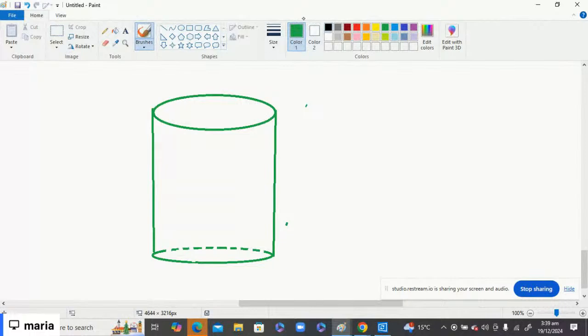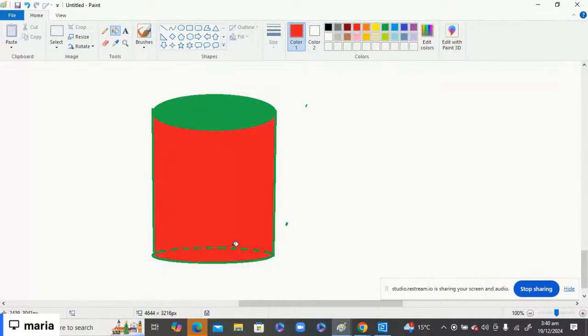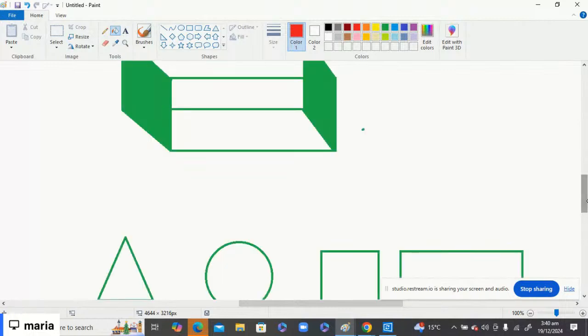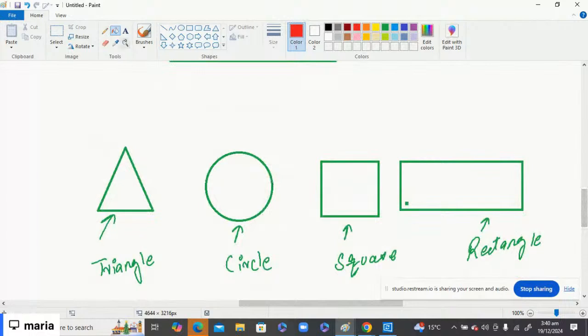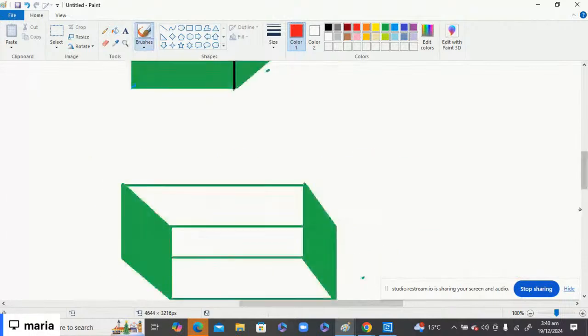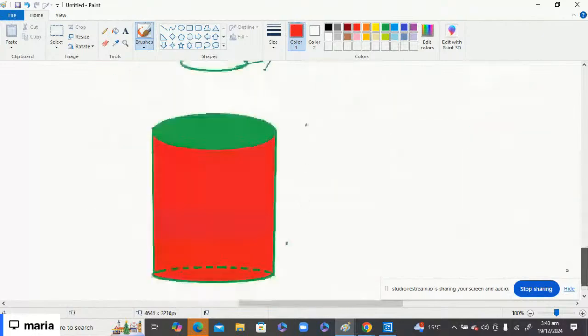Because look at here. This is the shape of the circle. This one. Here is the shape of the circle. And you can see that the other remaining part is not the shape of a triangle. Is there any triangle? No. Because the triangle shape is like this way. Look, this is the shape of the triangle. So here the circle is involved.